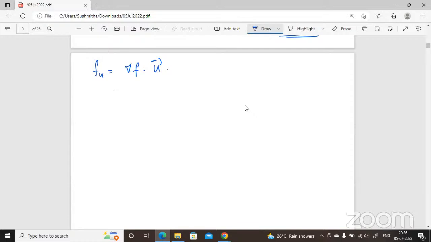No. For using this, your del f should be continuous, not the function. Your partial derivatives should be continuous at that point. Means the terms of the partial derivative should hold a limit. They should be continuous at whatever point you are evaluating. Only then this will hold.